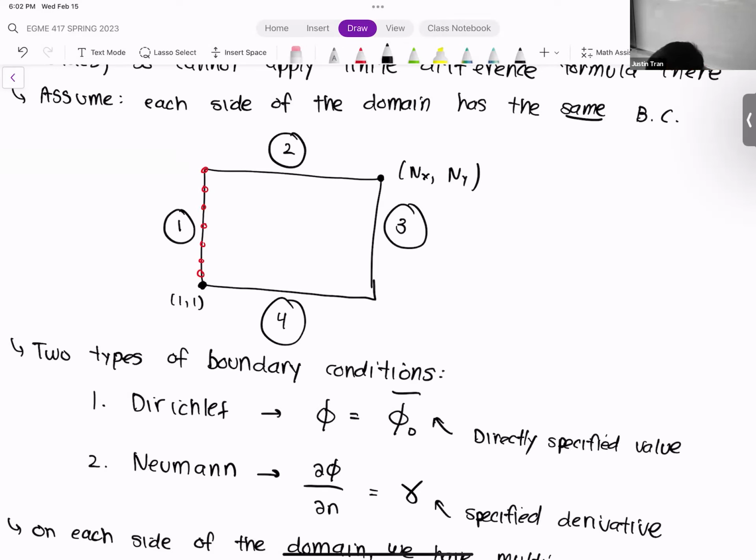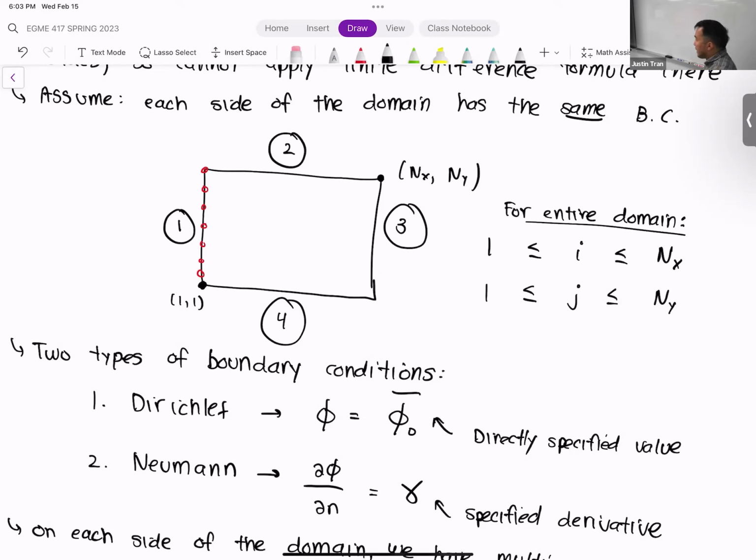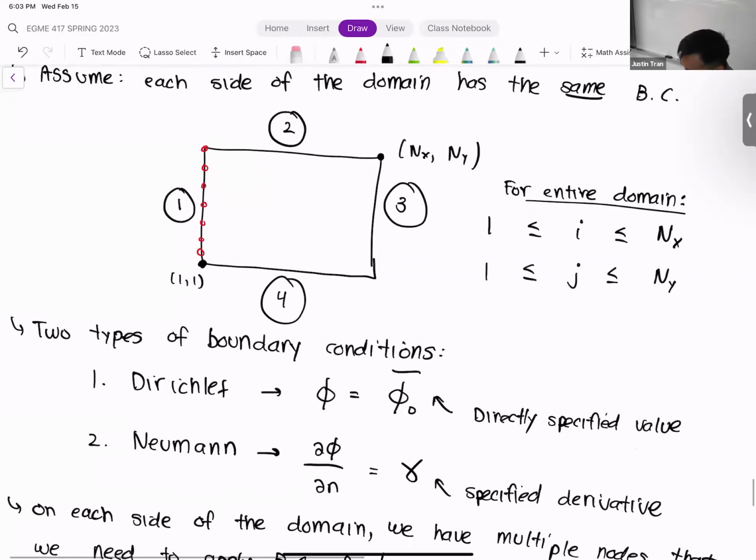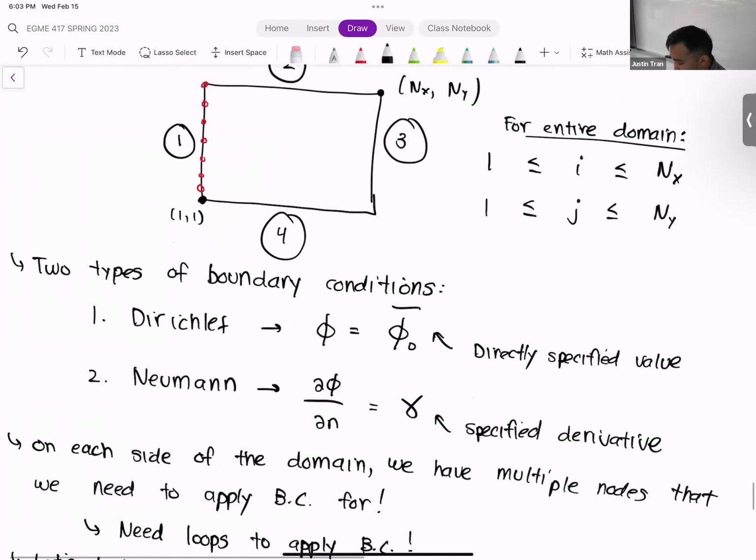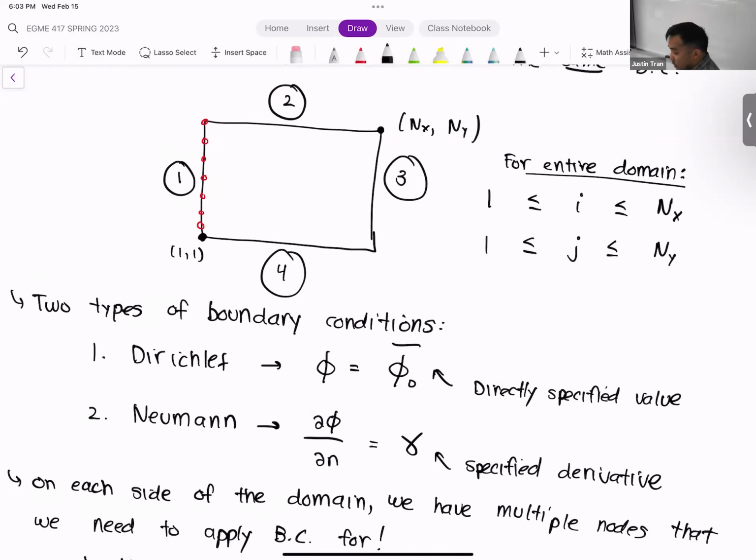For the entire domain, the values for i and j are bounded like this: 1 is less than or equal to i, which is less than or equal to nx, and j goes between 1 and ny. So our i and j values are bound between those, and that covers the entire domain. All right, so let's look at the left boundary and see, as we go from the bottom of the left boundary upwards.